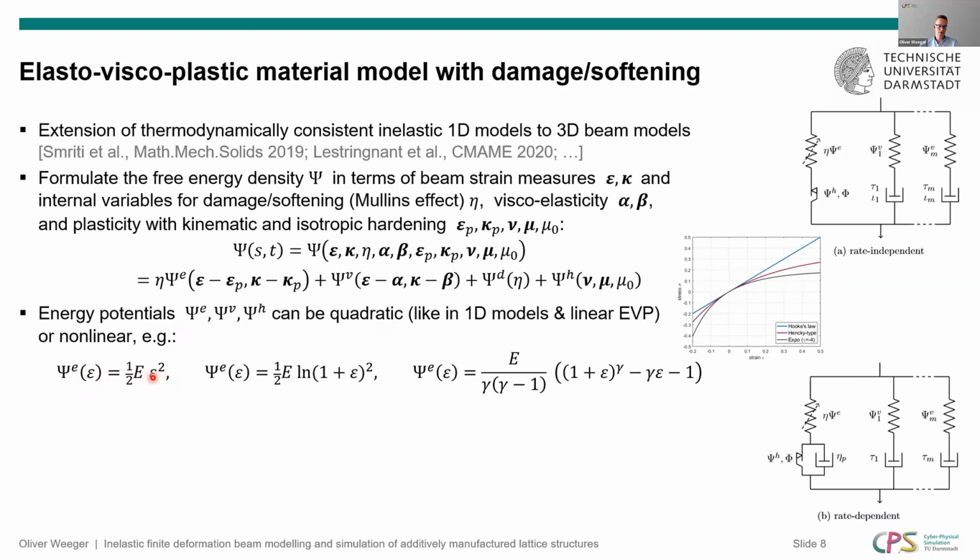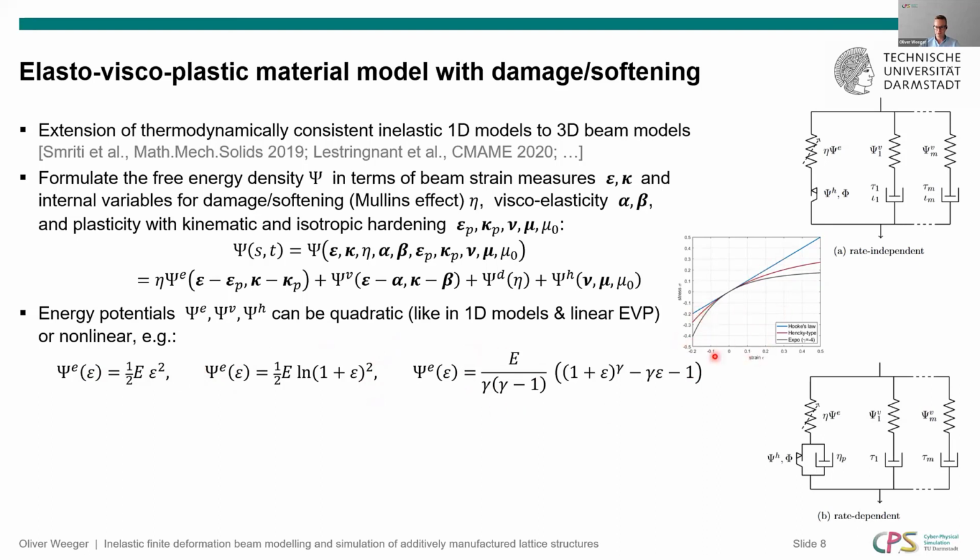So you get the stress as the derivative of the strain energy function with respect to the strain, which means here you would have that sigma is equal to E epsilon, which is equivalent to the linear constitutive models that you saw 2 slides ago in the beam model. But we could also use here other kinds of nonlinear models. So for instance, we could use a Henky type strain energy or some exponential type strain energy, for which you see the curves over here.